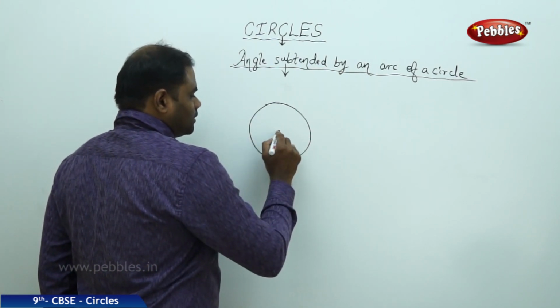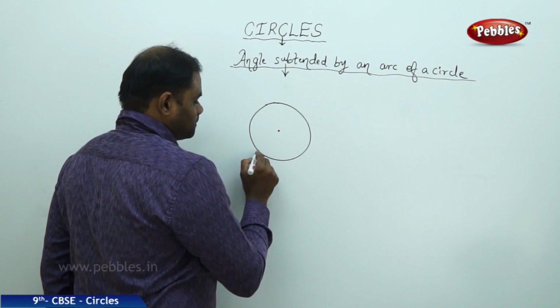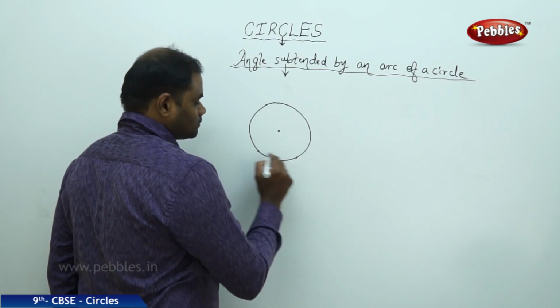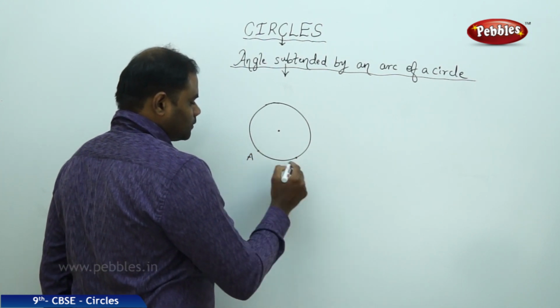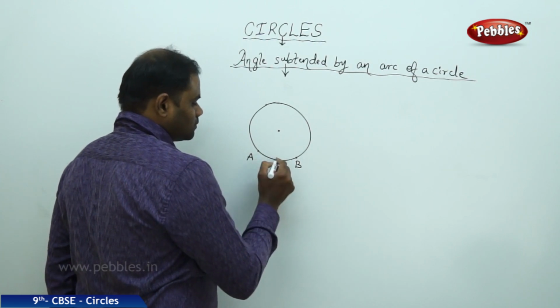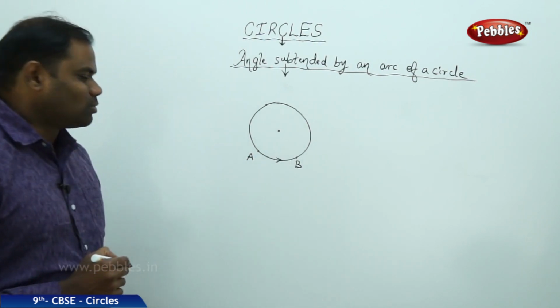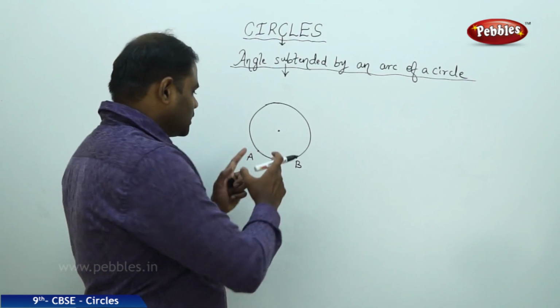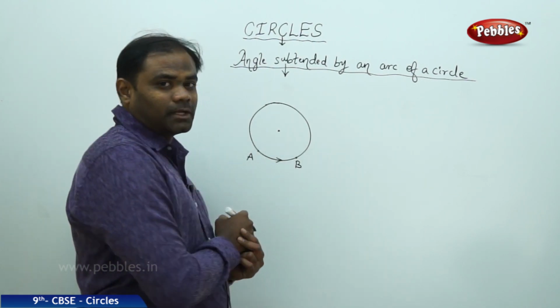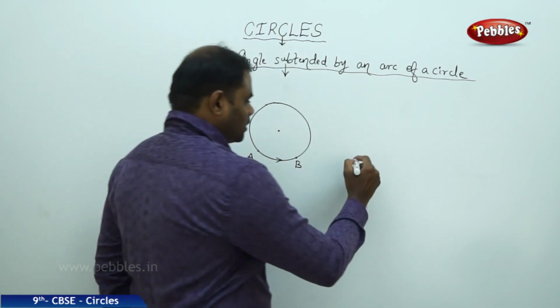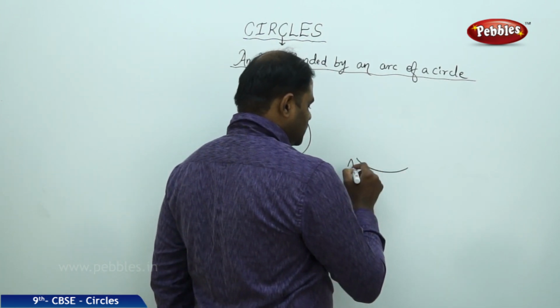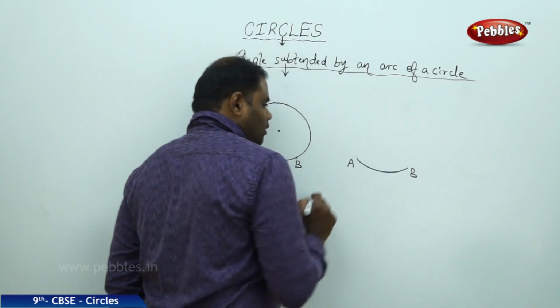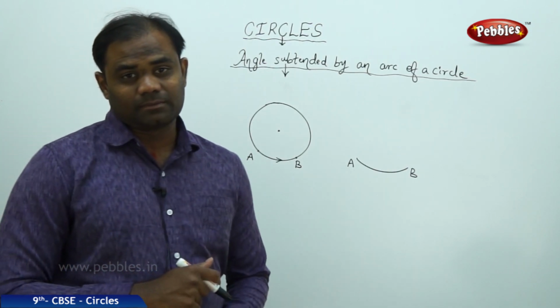So for example, the arc from A to B is how I take. I take the part of the circle that is an arc from A to B, and I want to know this arc AB of the circle, what angle it makes with the center.